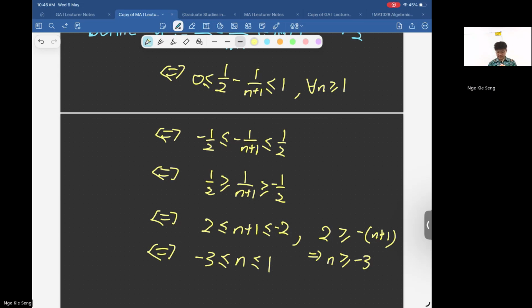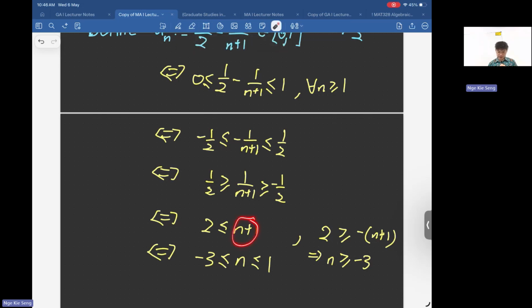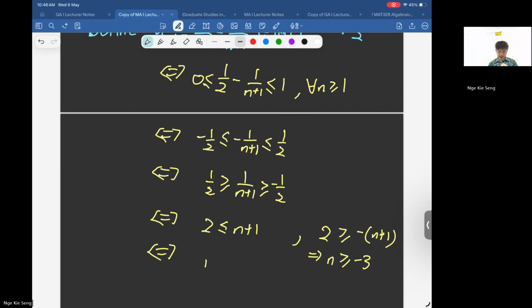Is that right? For the other side. So on one side, I get this, right? And then this side, we get 2 move up, and then this one move up, and move here. -1, -2, -3. Right? And then the other side, I will get n greater or equals to 1. So I get both these ones.